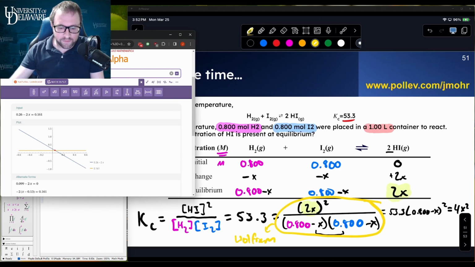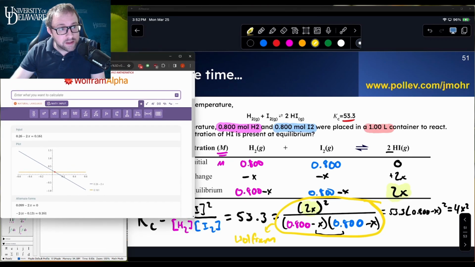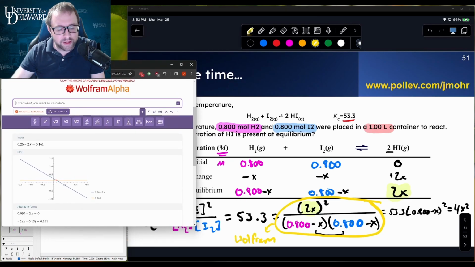We are going to be careful with our parentheses this time because we do have order of operations. And we're going to remember to put our equality in there, right? So we start with our Kc. We have 53.3 is equal to parentheses 2x squared.